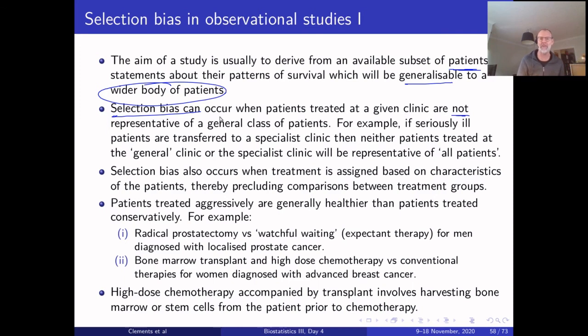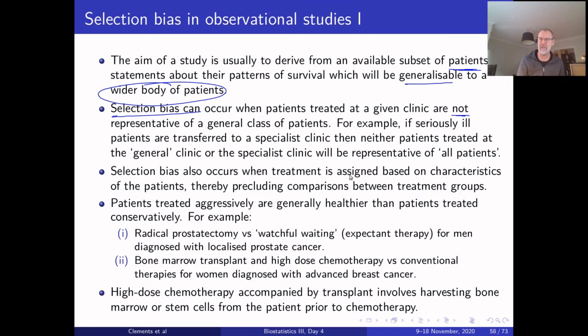It could well be that you might have a specialist clinic which is more likely to treat seriously ill patients. So whether a patient is treated at a general clinic or a specialist clinic may not be representative of all patients.